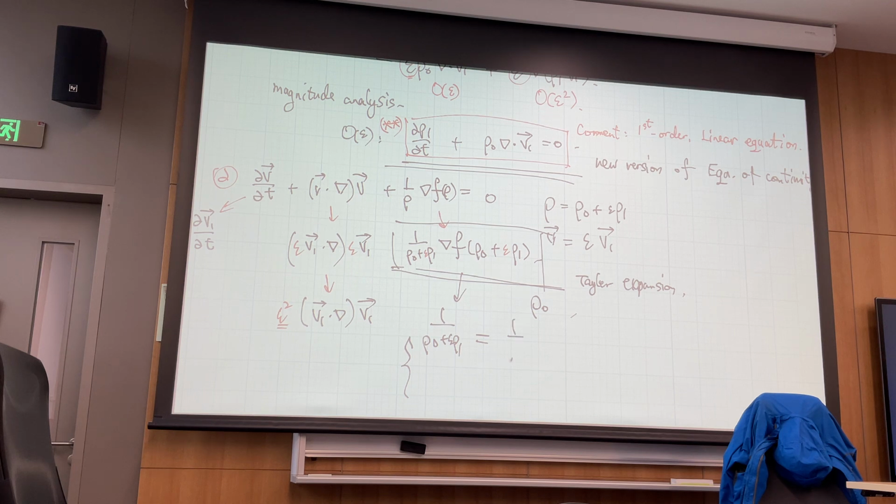It's going to be 1 over rho 0, and then minus 1 over rho 0 squared, because the derivative of 1 over x is negative 1 over x squared. So for this step, I have 1 over rho 0 squared multiplied by epsilon rho 1.